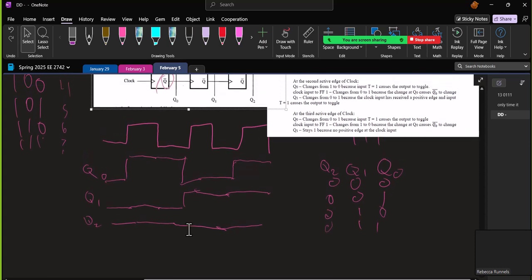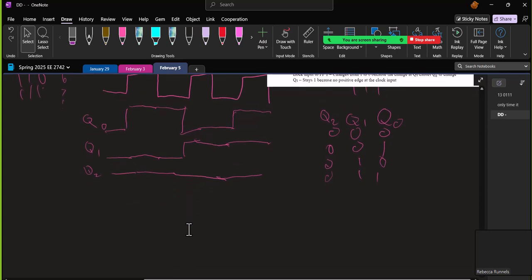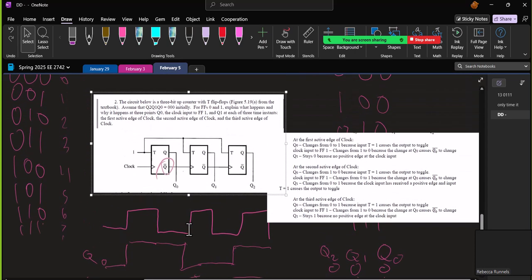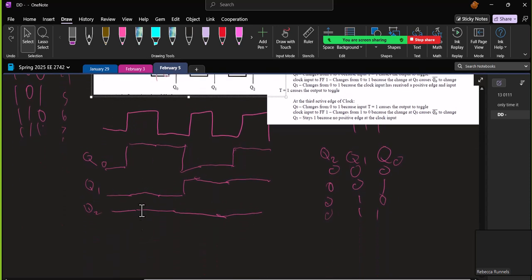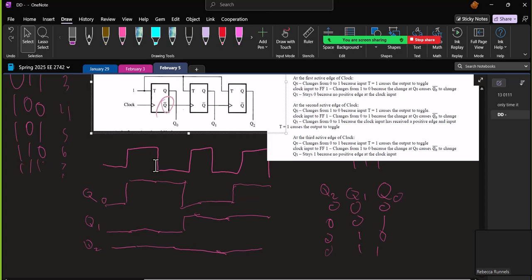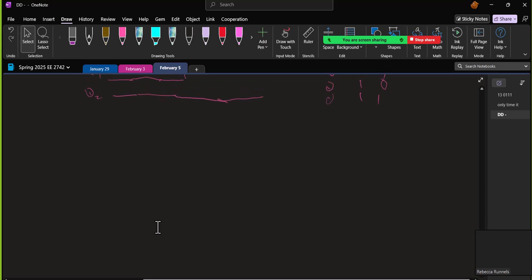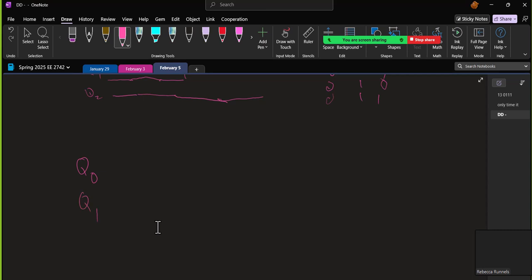Now, another way to do it that I think would help, and we can do the same one starting with a different value, is to realize that once I have Q0, it is the clock for Q1. So let's think about that. I have them all start: Q0 starts at 1 and Q1 starts at 1 and Q2 starts at 0.